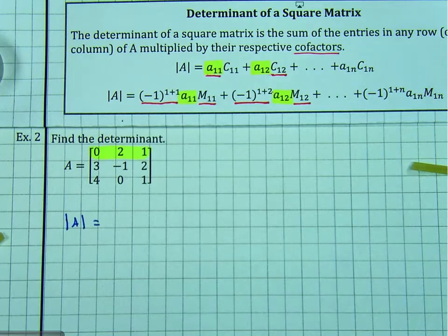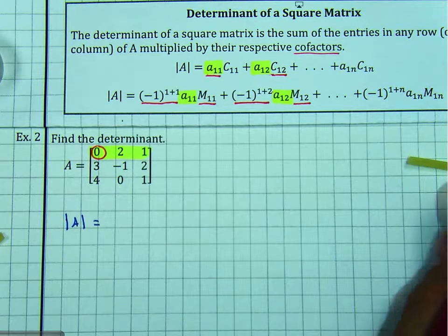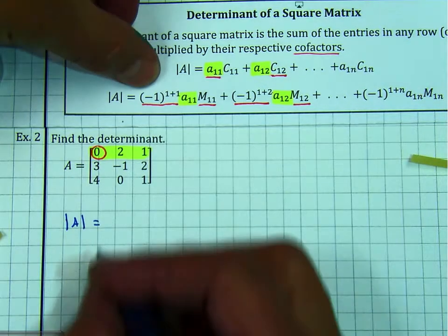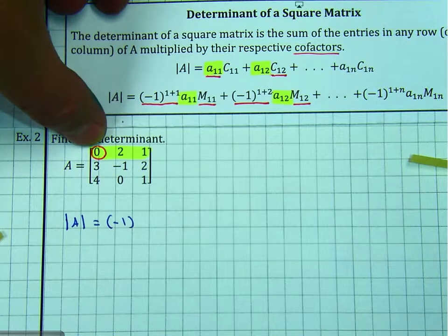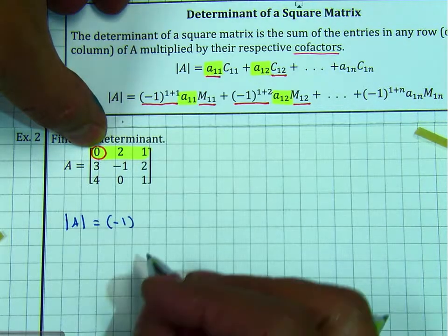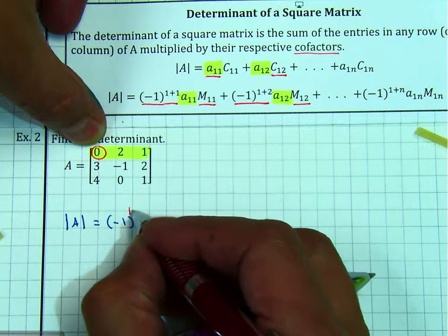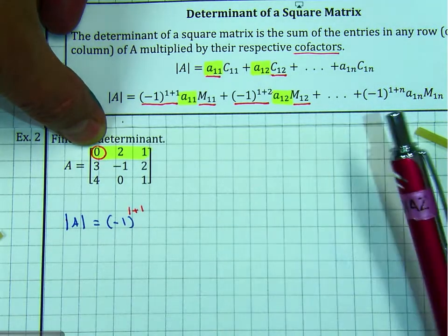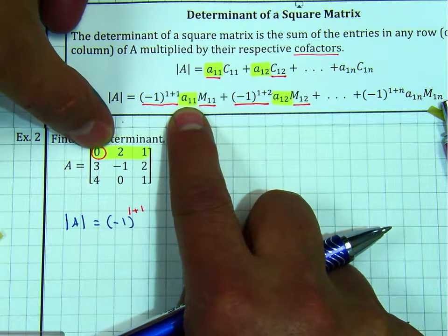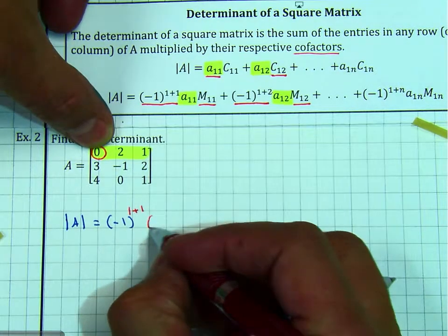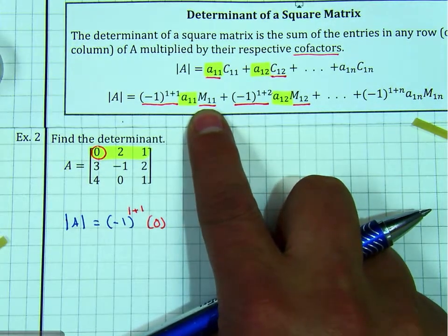And I'm going to start with the first number, which is 0. Now your formula tells you it's going to be -1. And this is the first row and first column, so this term is 1, 1. So the exponent will be 1 plus 1. Then it says A11. So it's actually the number itself, which is 0. Then the minor of A11.